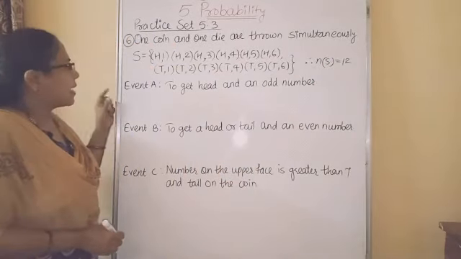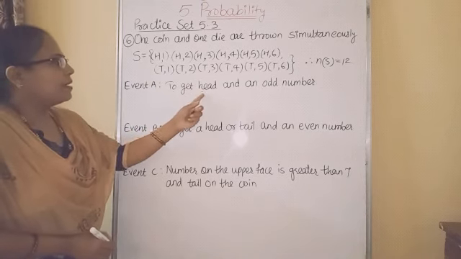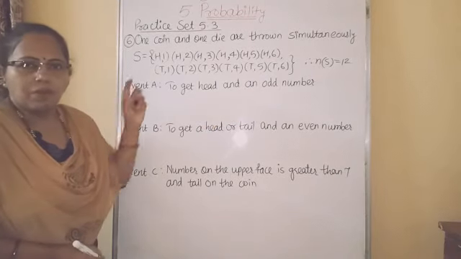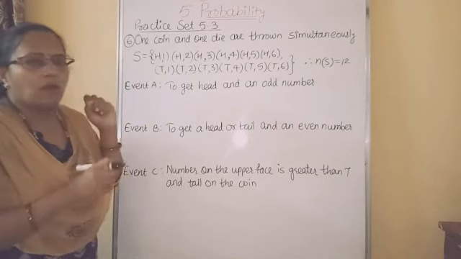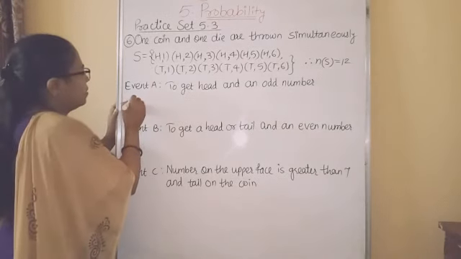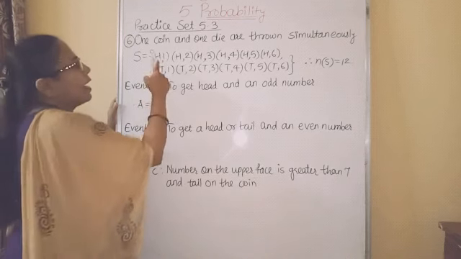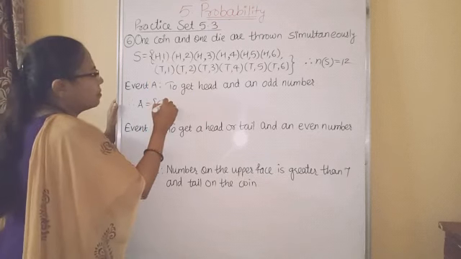Followed? Now we will write the events. The first event is to get a head and an odd number. From the coin we want head and from the die we want only an odd number. Therefore, A is equal to head and odd number. So which results will we take? H1.